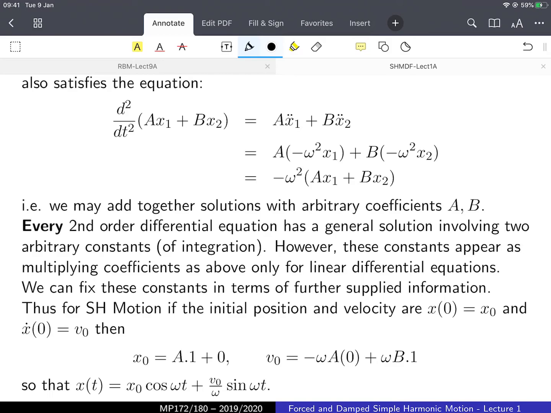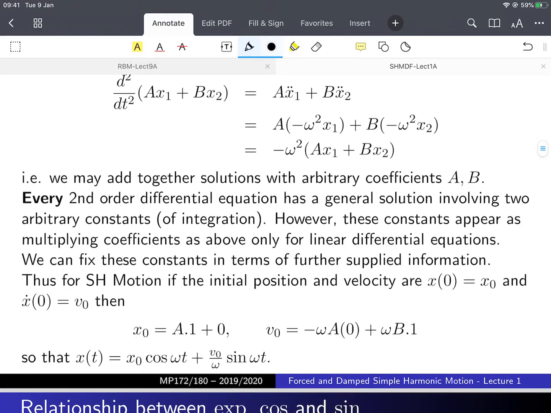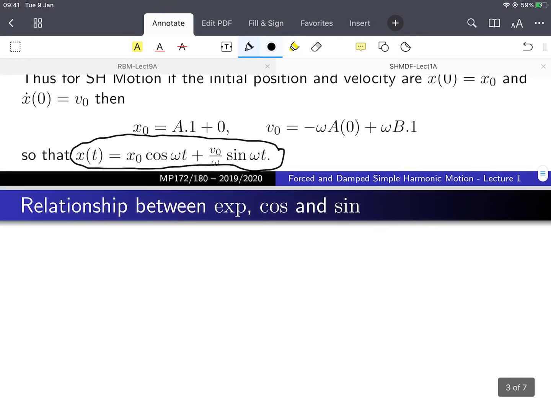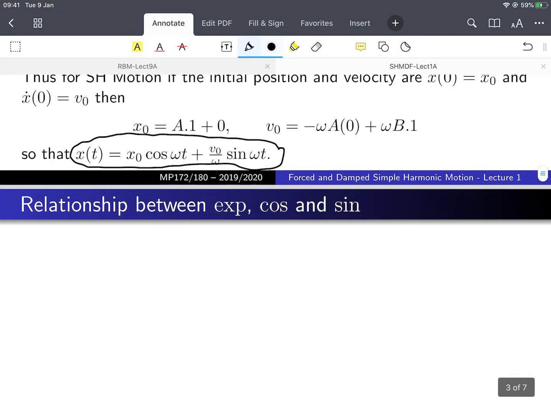In any case, you will be given two conditions, and so by applying those two conditions, you will find the two constants. You will adjust the two constants to satisfy the two conditions, right? And we saw that in the first chapter. Okay, so that's it for my introduction to second order differential equations.